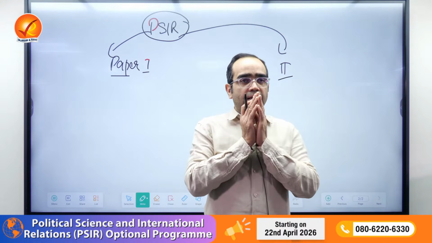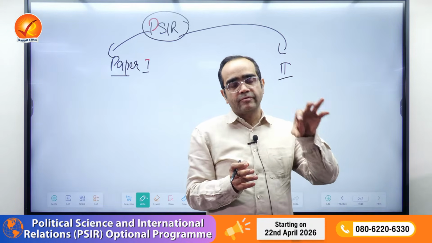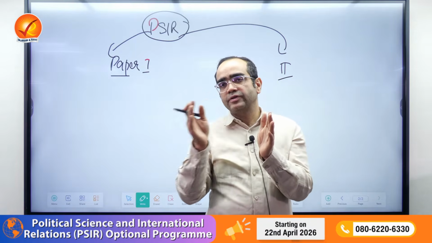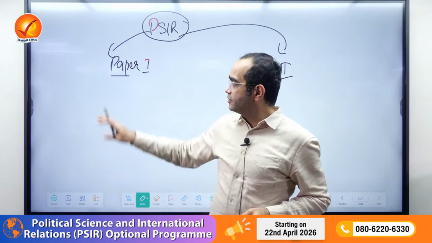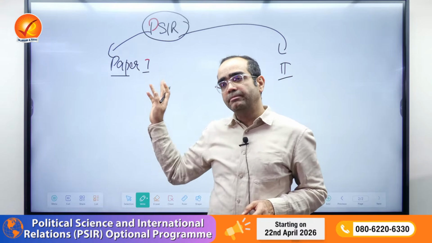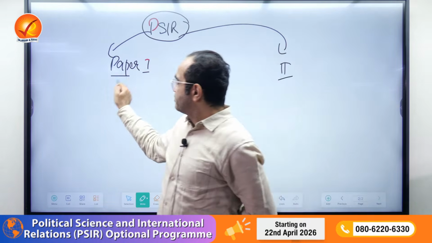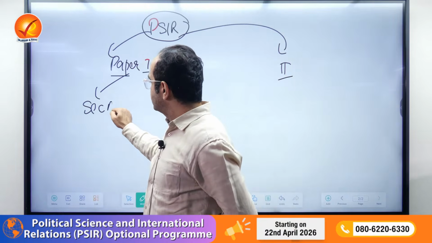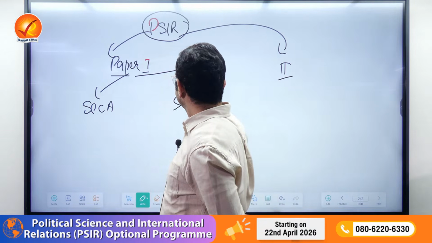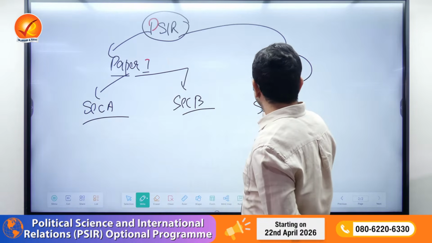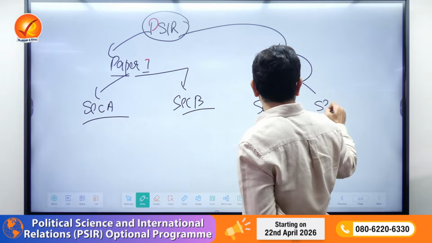So in the main examination, paper 1 of section A and section B of the PSIR question paper will have the same breakup as we have in the paper 1 syllabus, and the same is for paper 2 also.